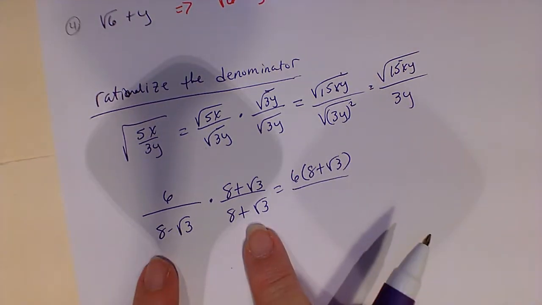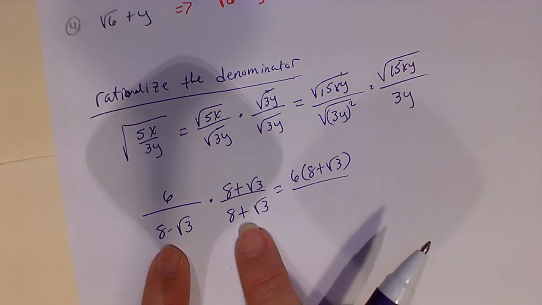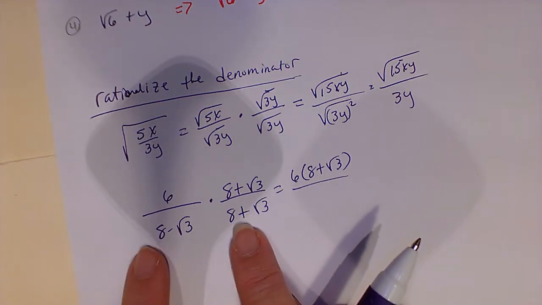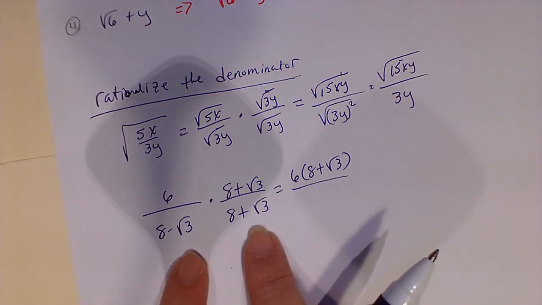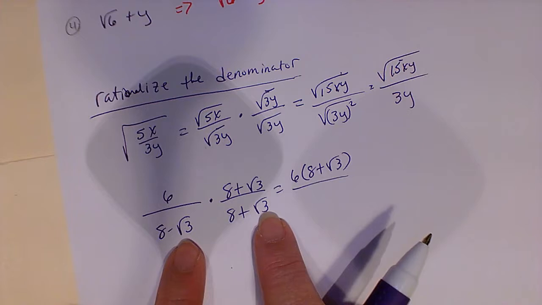And on the bottom, we don't have to multiply all of it out because we have the difference of squares right here. This is a plus, this is minus, they're exactly the same. So if we multiply them out, the middle terms will disappear. They'll cancel each other out. So we really only have to multiply the 8's together and the square roots of 3 together.